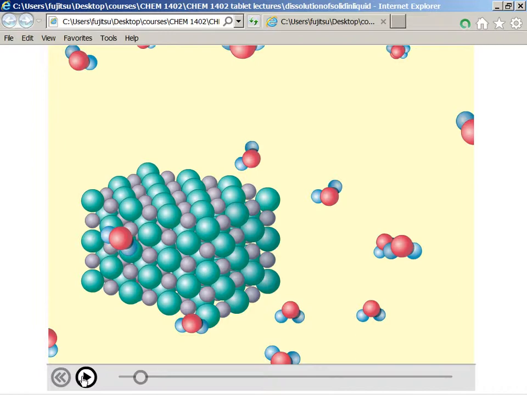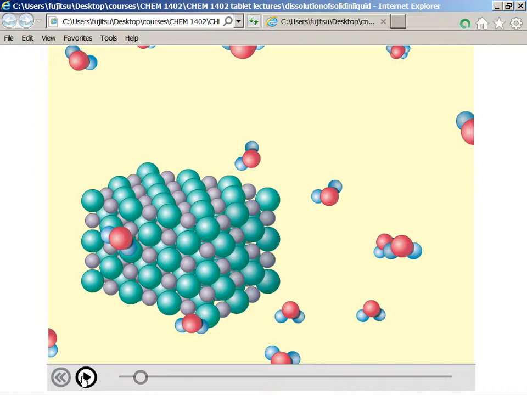Polar meant there's a little partial negative, a little partial positive, right? So where's the partial negative go? On the oxygen, because it is more electronegative, it's closer to F. So oxygen's partially negative, and down here by the hydrogens it's partially positive. That's the only hint you're going to have to figure out which one is which here.